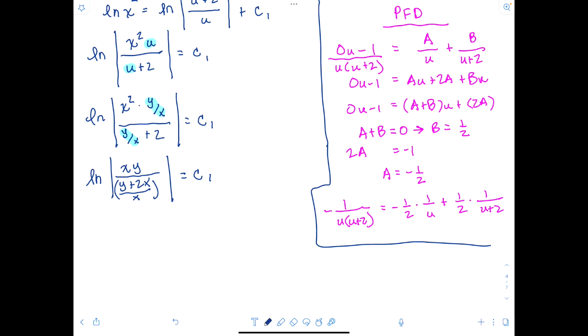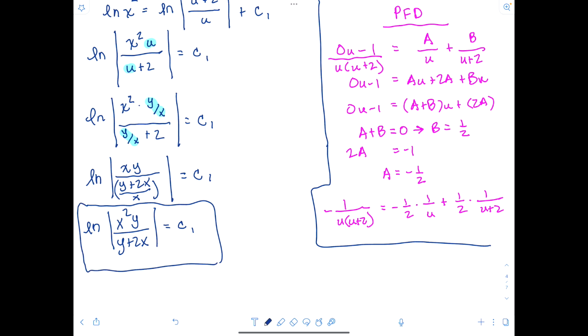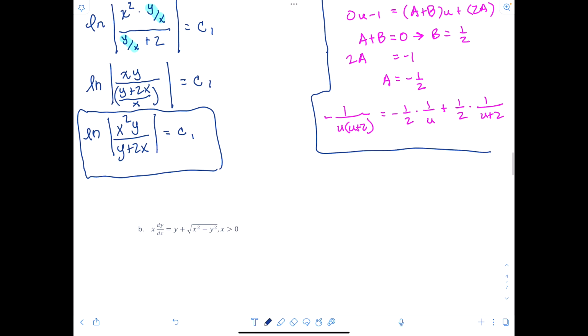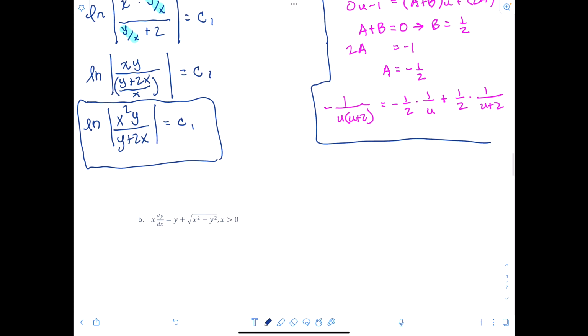And that will give us natural log absolute x squared y over y plus 2x equals C1. And we're all done. Isn't that cool? Groovy, groovy. All right. So now let's go ahead and take a look at this next one.